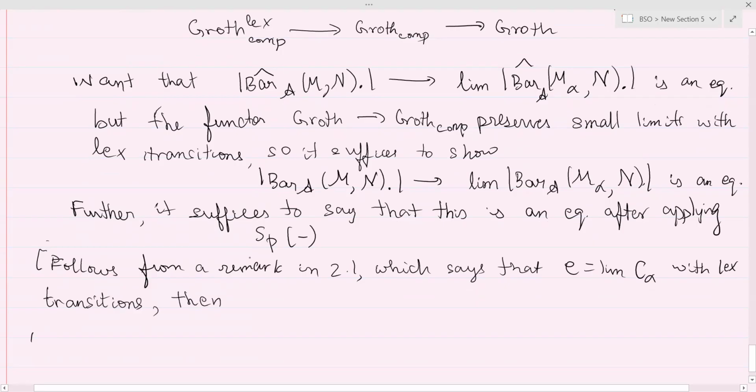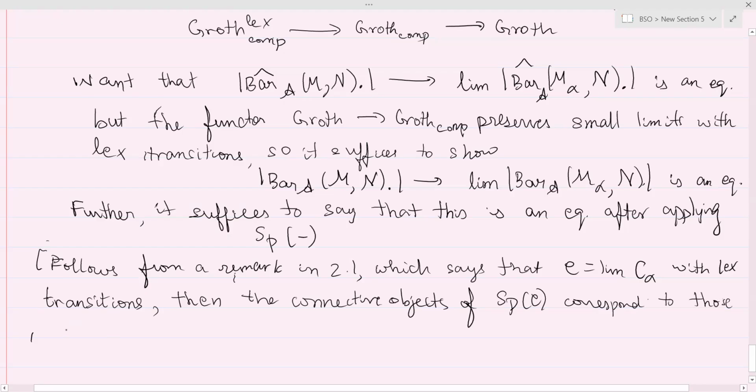then the connective objects of SP of C correspond to those of the limit of all SP of C alpha.